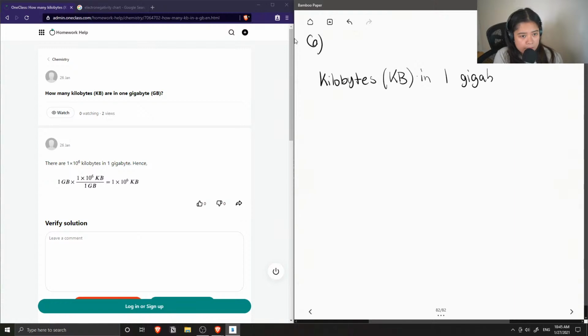In 1 gigabyte, there are 1,000,000 kilobytes.